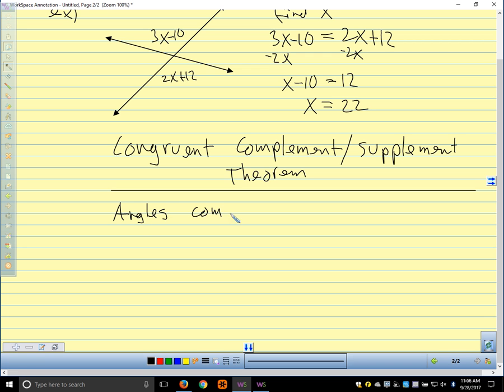So this theorem says angles complementary, I'm going to say slash supplementary, to the same angle are congruent.